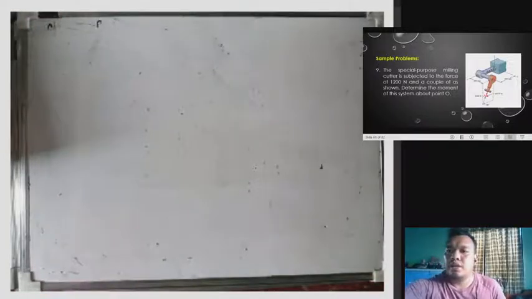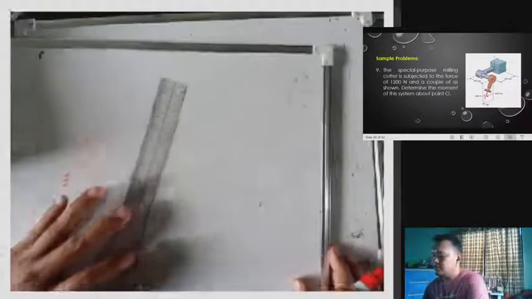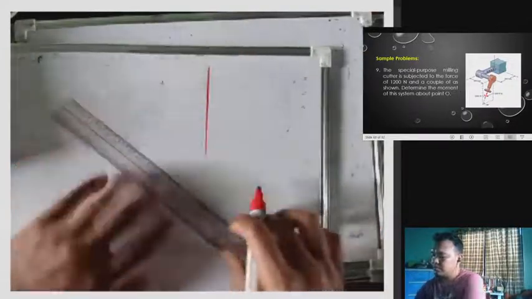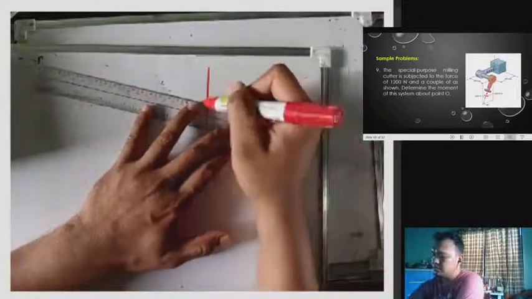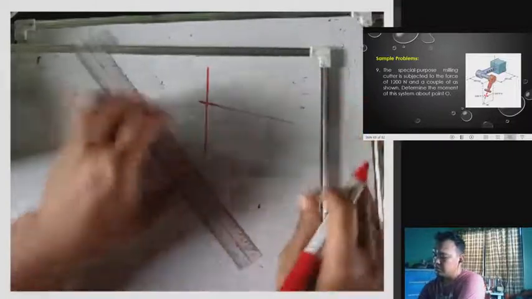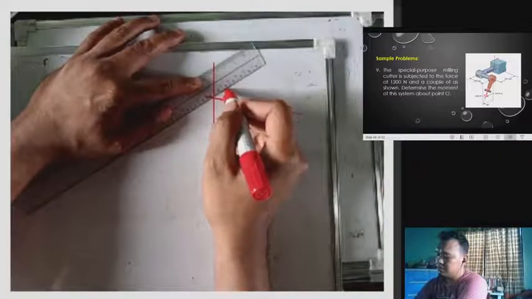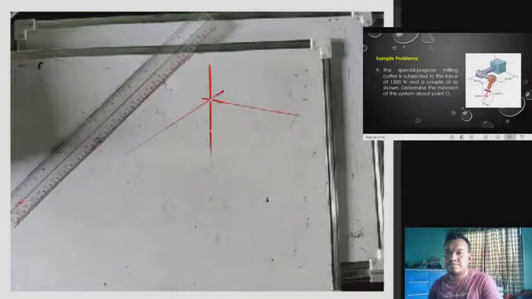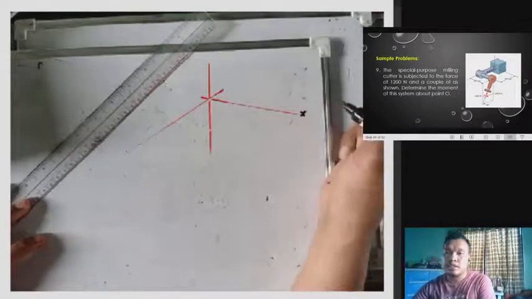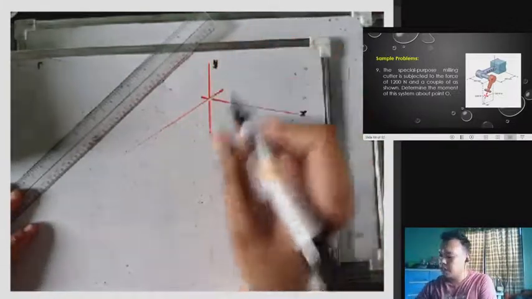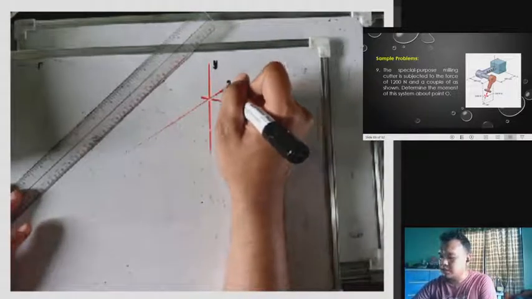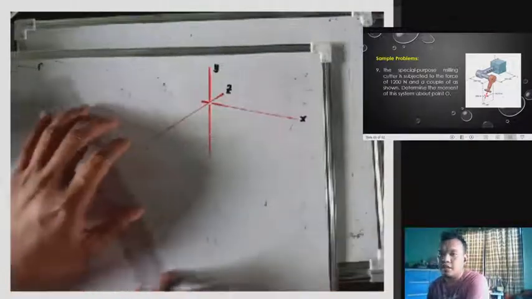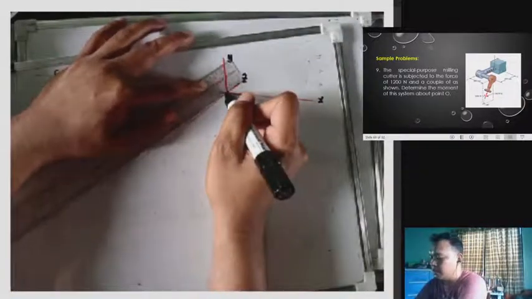So we have here axis. We have here x-axis, y-axis, and z-axis ito. So we have here perpendicular distance. So mag-act siya. Gagawin ko na lang na block yung ano.